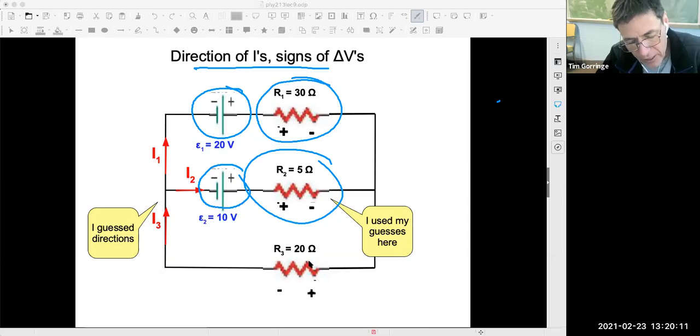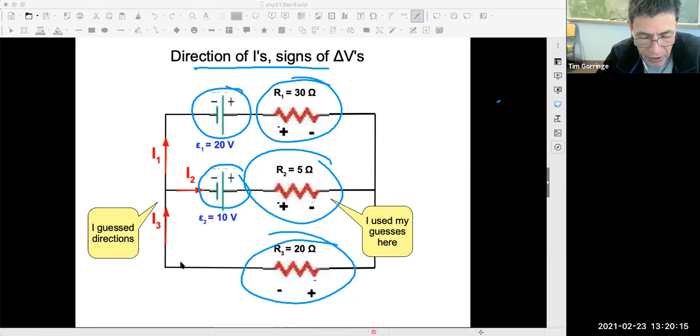The current in the bottom arm of the circuit is in the opposite direction. And so again, it's flowing down the potential hill. So that means that for the bottom resistor, the right-hand side is the more positive potential. The left-hand side is the more negative potential. So walking towards the left here is down the potential hill.